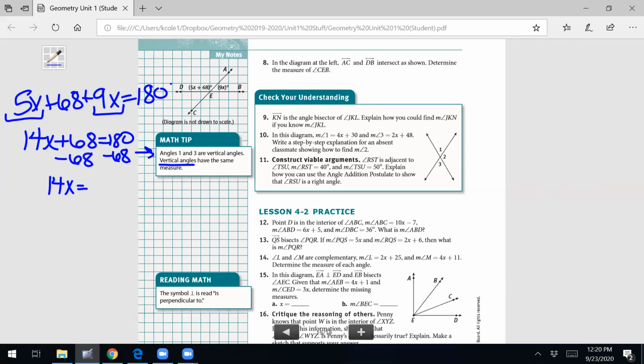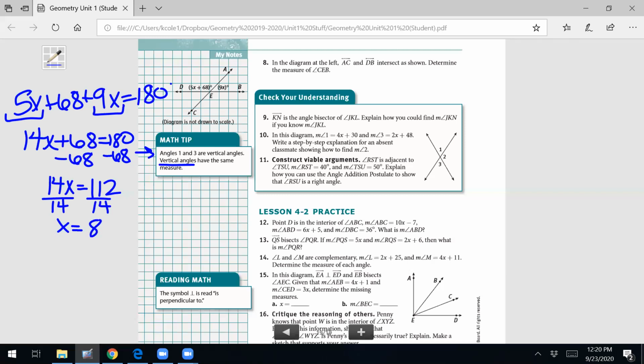What's 180 minus 68? 112, right? And then we divide by 14. What's x equal? 8? I don't know that one. My calculator. Somebody got 8? Did y'all get 8? 112 divided by 14, yeah, that's 8.